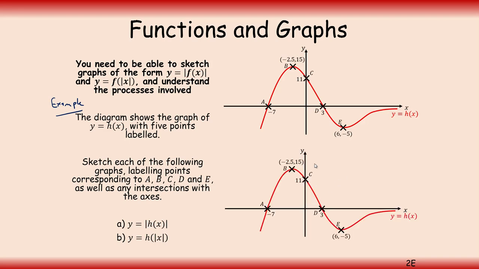So if we sketch the function first, the modulus of the function means that it can never be negative. So any parts of it that are negative here have got to be reflected in the x-axis, like so, and then we remove the bits below. We've got to remember that's the reflection there, so that's going to be E dash there.